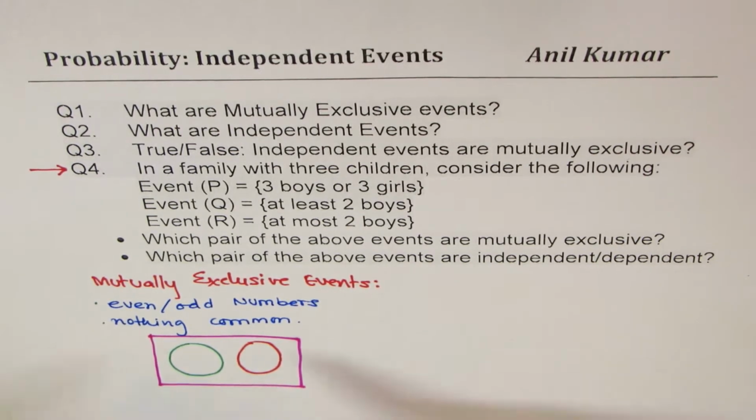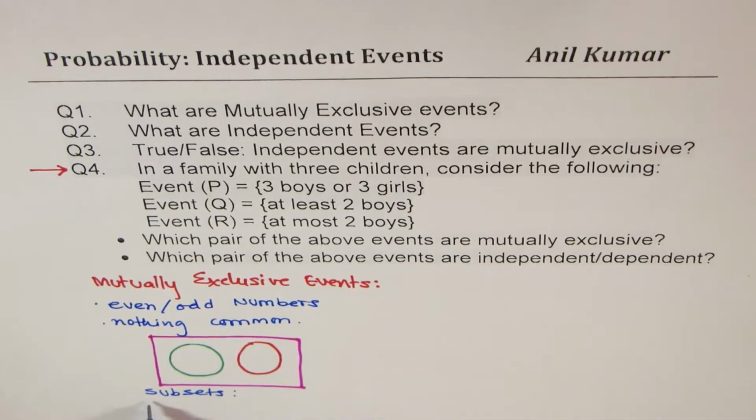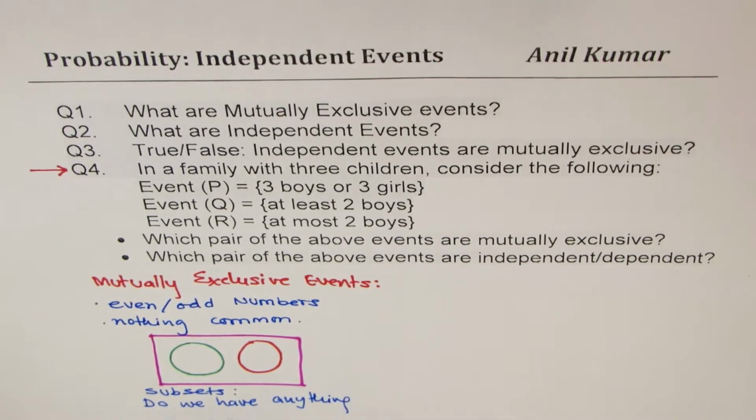What you note here is that we are looking into subsets, and the other critical number is, do we have anything in common? Do you see that?